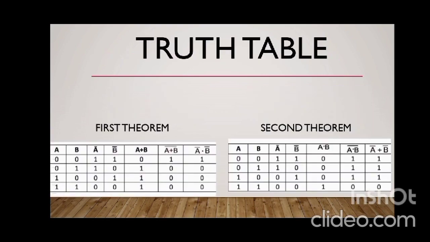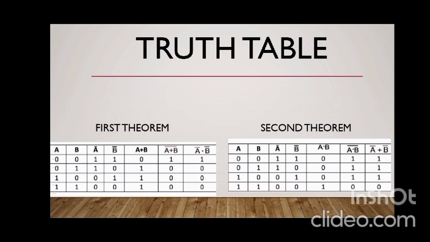First theorem. A 0, B 0, A bar 1, B bar 1, A plus B 0, A plus B whole bar 1, A bar dot B bar 1. Next, A 0, B 1, A bar 1, B bar 0, A plus B 1, A plus B whole bar 0, A bar dot B bar 0.